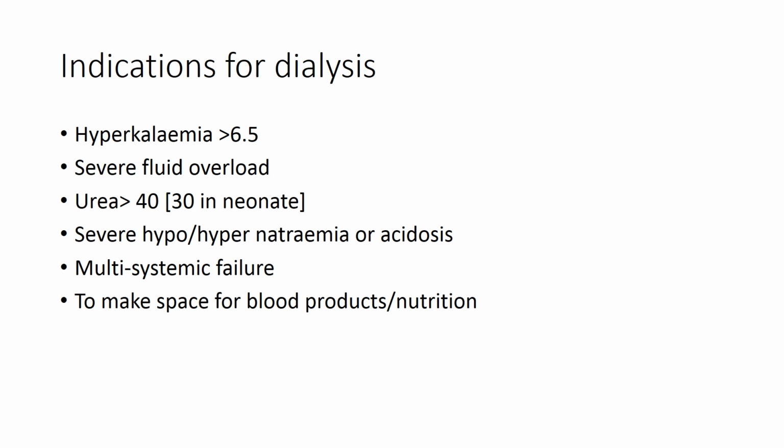Obviously, in the interim, while waiting for dialysis to be established, we follow the hyperkalemia protocol, which includes cardioprotection with calcium gluconate, use of salbutamol, which can be given nebulized, 2.5 milligrams nebulized continuously to children less than 5 years, and 5 milligrams nebulized continuously to children older than 5 years.